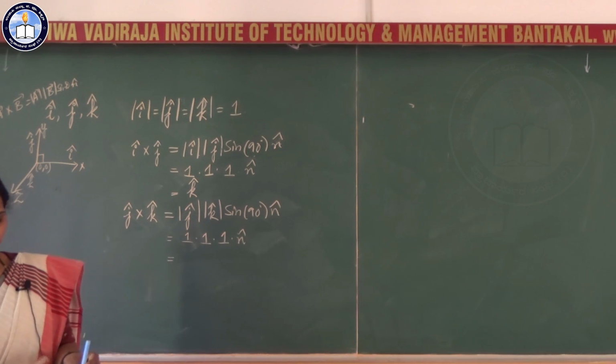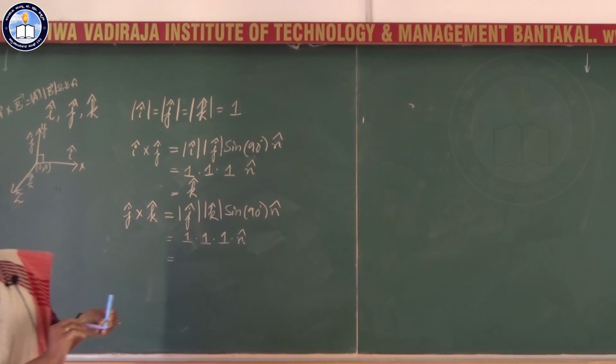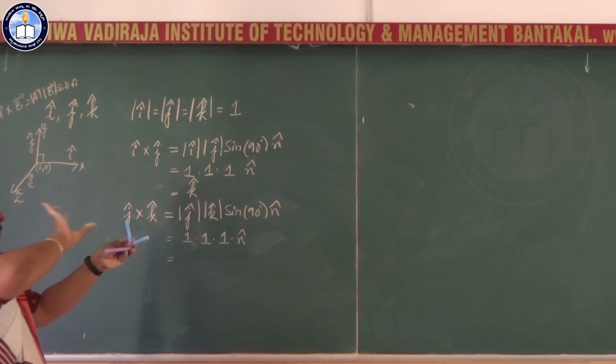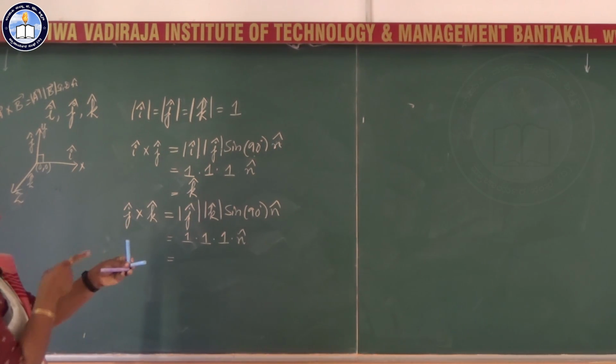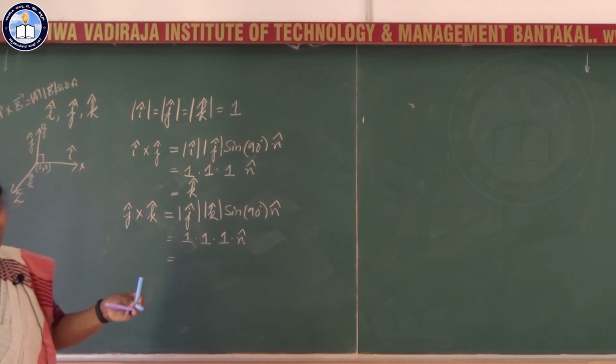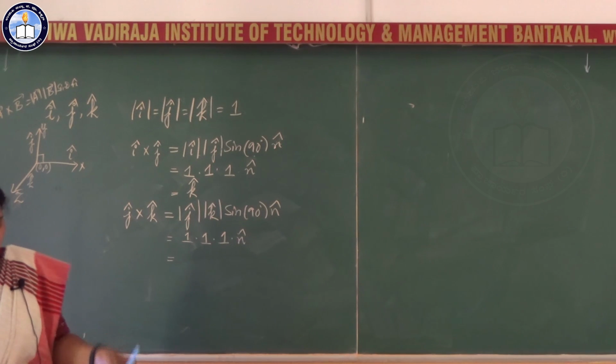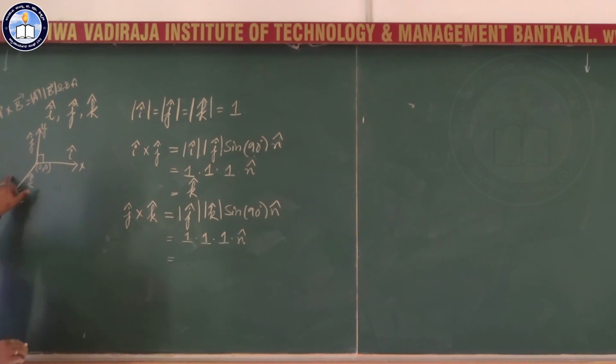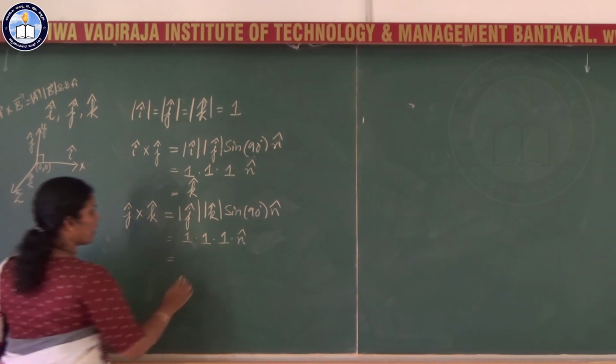Again you see here, this is j cross k, so it is along i cap, perpendicular to each other. Perpendicular to both j and k is i.